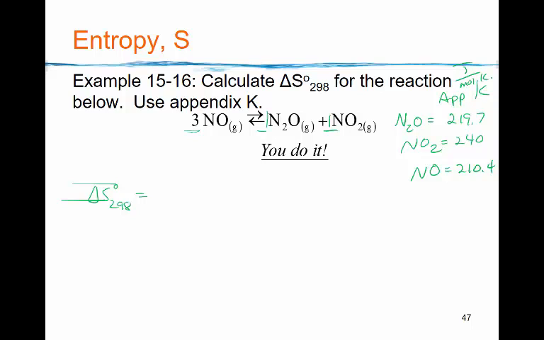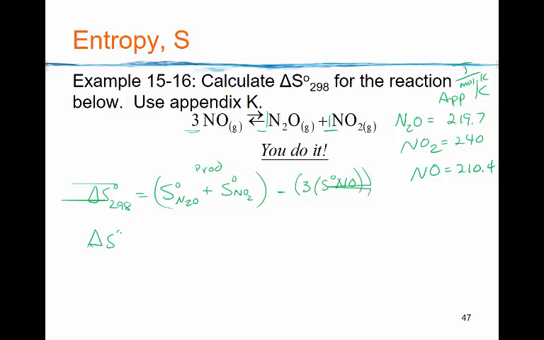Okay, so your delta S0 at 298 is going to be equal to the S of N2O plus the S of NO2, the products, minus 3 times the S of NO, right?